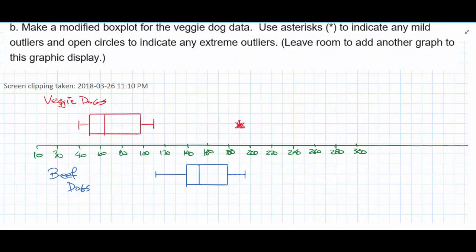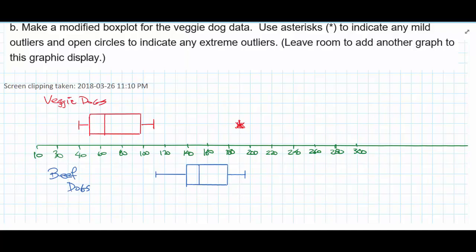The veggie dogs seem to have fewer calories as a group than the beef dogs. However, looking at the whiskers, the upper whisker for the veggie dogs is almost the same as the lower whisker for the beef dogs. So some veggie dogs have quite a few calories, and you could read the discussion in the answer guide.